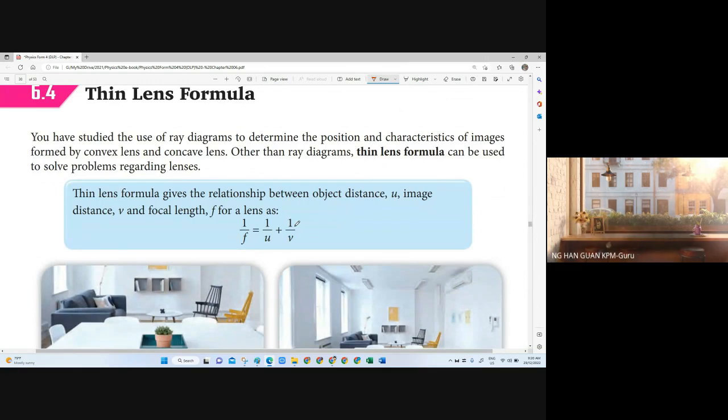Before the KSSM textbook, in the old syllabus, there was no book, including reference books, that discussed using this lens formula to determine the characteristic of the image. But in my module, already used for more than 10 years, I already told the students we can use this formula to determine the characteristic of the image.